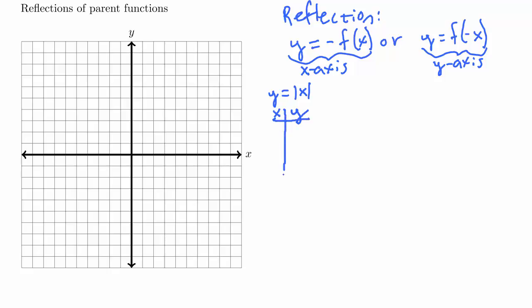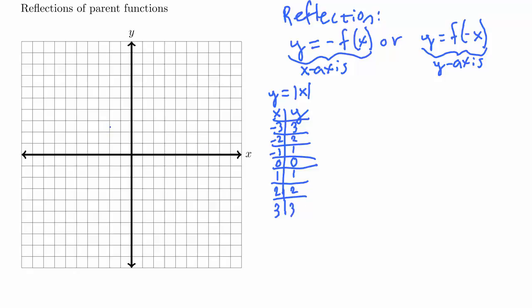So my parent function is going to be very similar to y equals x squared, because I need numbers to the left and to the right of 0. So I'm going to use negative 3, negative 2, negative 1, 0, 1, 2, and 3. The y values, of course, just plug in the x values. That gives me positive 3, positive 2, positive 1, 0, positive 1, positive 2, positive 3.